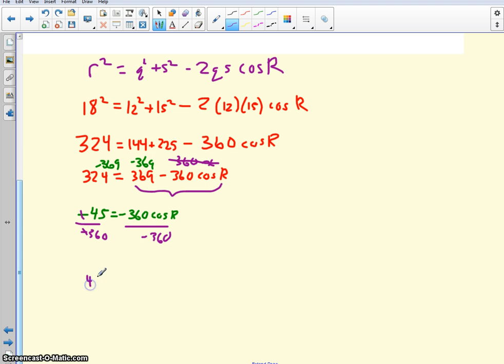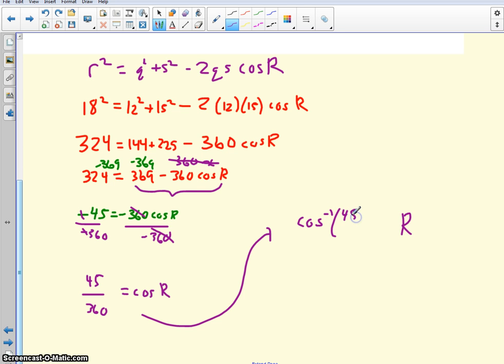So I'm going to get 45 over 360 is equal to cos R. So I've got all the way down to here. Remember, how do I solve for an angle? Well, I have to use the inverse function. So if I want to get angle R here, I have to do the inverse cosine of 45 over 360.